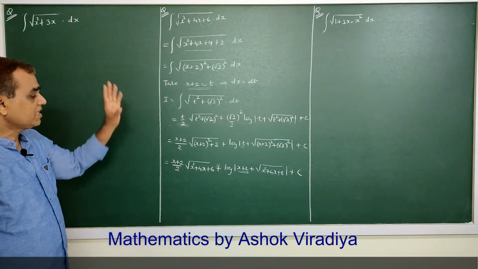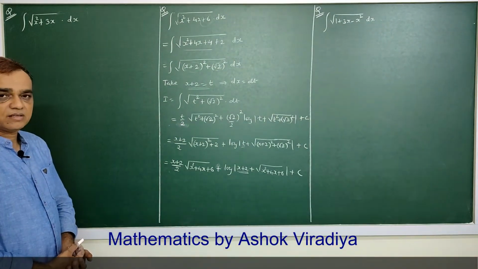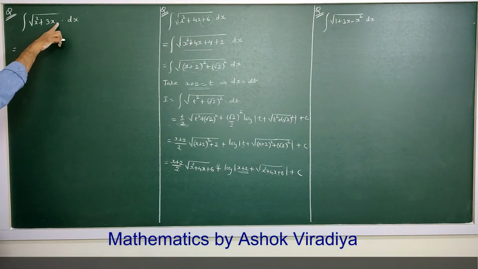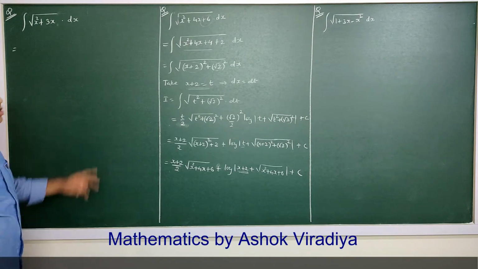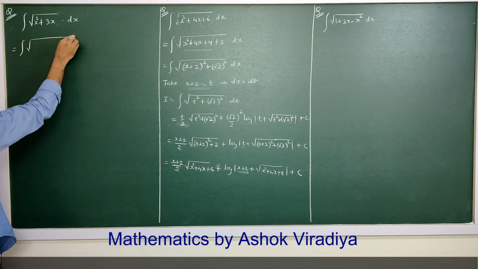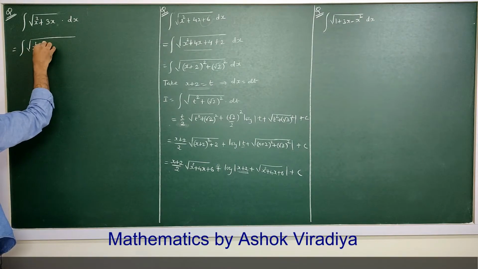So this is the required integral. Now see here, the constant is 0. In this quadratic polynomial, the constant is 0. So this is square root of x square plus 3x.